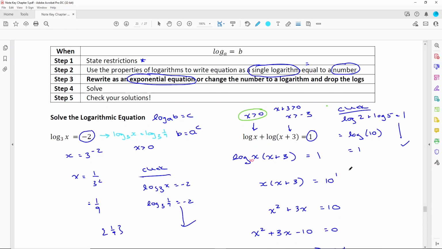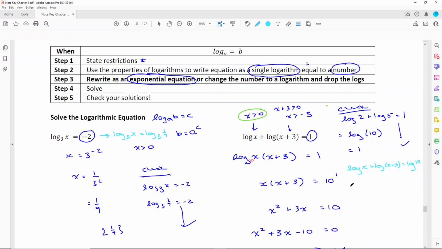So for this one, you'd have log of x plus the log of x plus 3 equal to, well, I want a log base 10 of something to equal 1. What's the log base 10 of 10? The log base 10 of 10 is 1.